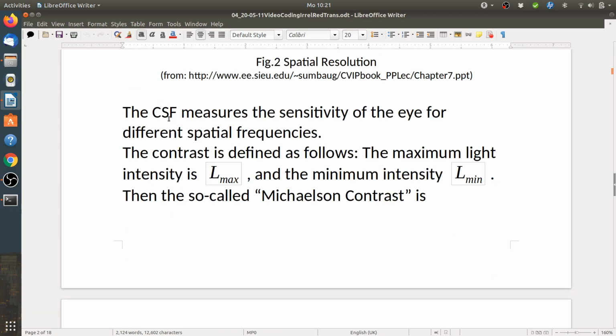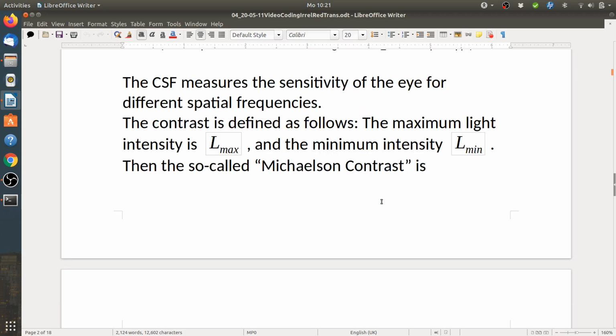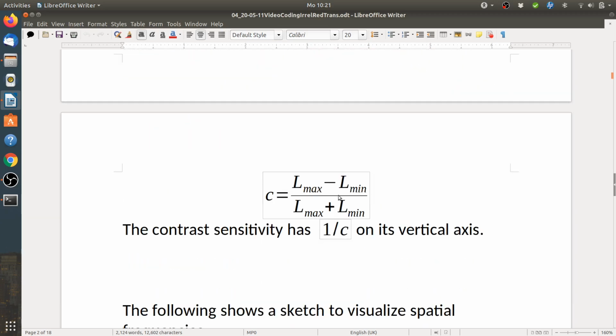Yeah, so the contrast sensitivity function measures the sensitivity of the eye for different spatial frequencies. And the contrast in this diagram is defined as follows. The maximum light intensity is L max, the minimum light intensity is L min, and the so-called Michelson contrast is this C here, the difference between L max and L min divided by the sum.